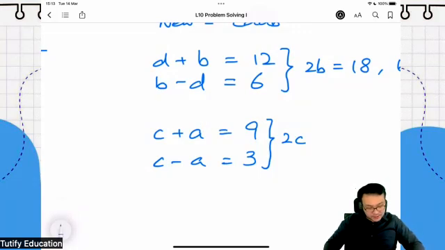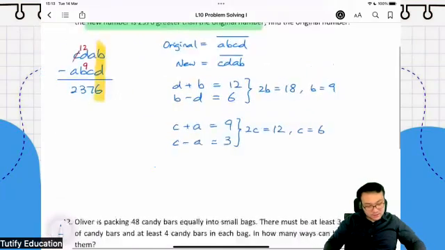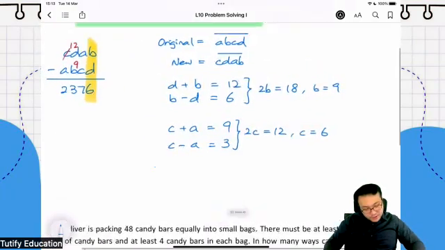So it's gone. Now you add up these two, what do you get? 2C equals 12, so 1C is 6. Very good.